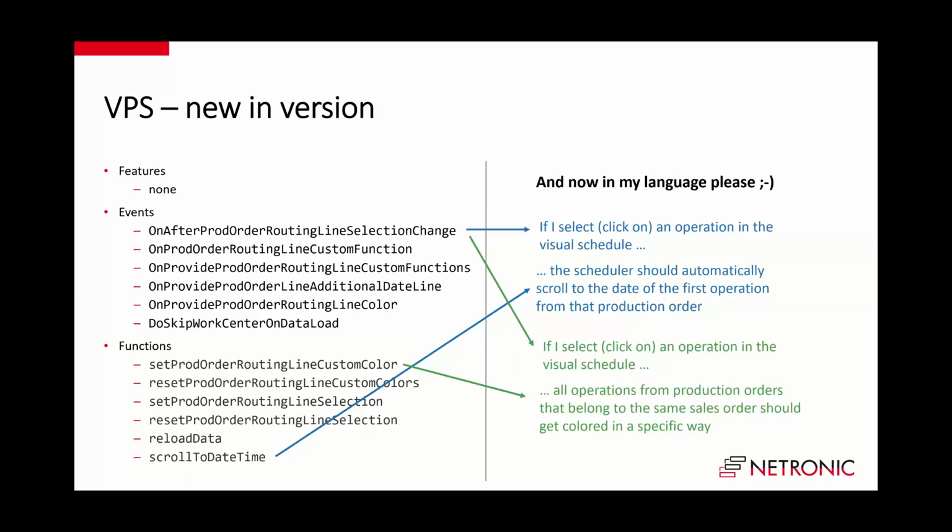It shows you on one view where all operations from this sales order are scheduled, and also you see if moving one has an impact on other deliveries for that same sales order. And now you can imagine that with 6 events and 6 functions, you can build really fancy stuff, although this is only the first step that we made.